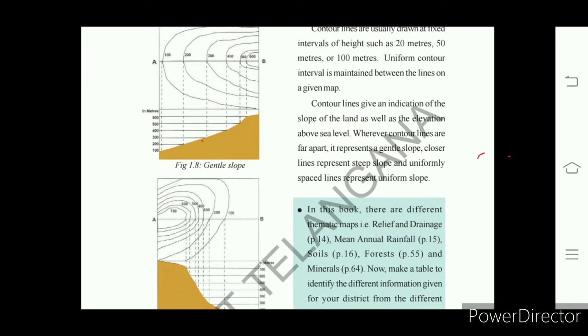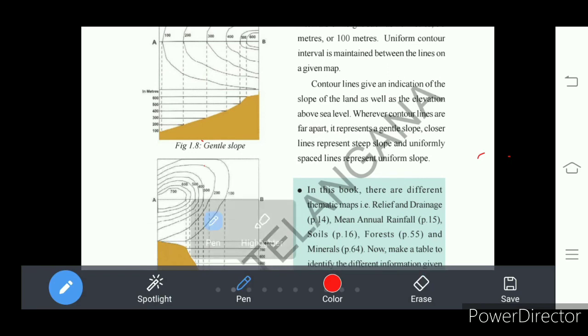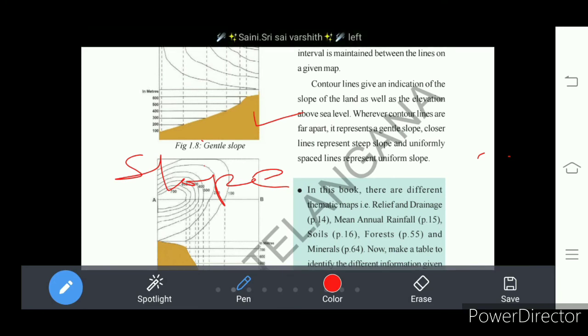You see here a place with a gentle slope. This is a place with a gentle slope. Contour lines are drawn to show the height of the place. That means it shows the slope of a place. How much slope is there in a place?